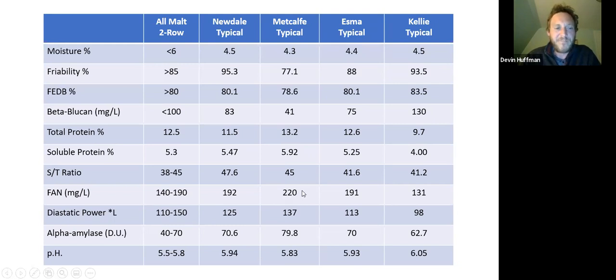And then some of these, like protein levels, S&T ratio, beta glucans, are measures you would use to predict efficiencies. So you might adjust your water to grist ratios to help accommodate. You might adjust your mill settings, for example, or whatever methods you're using for sparging.